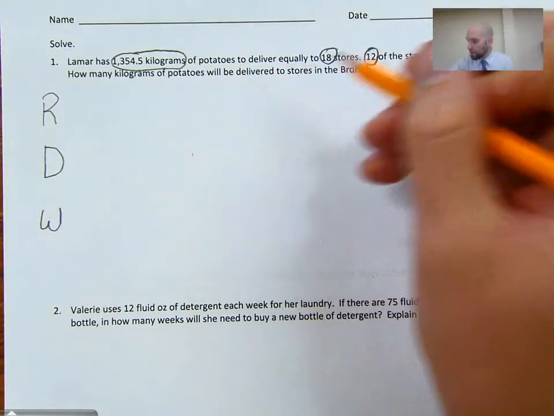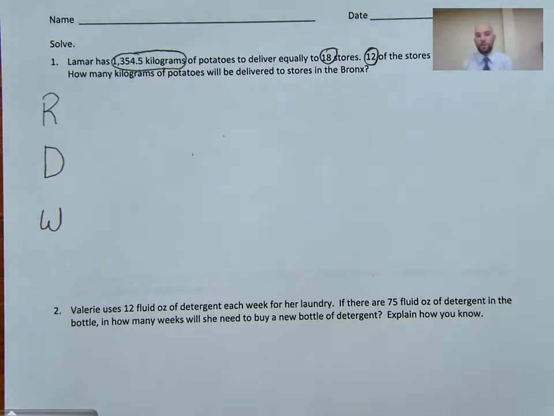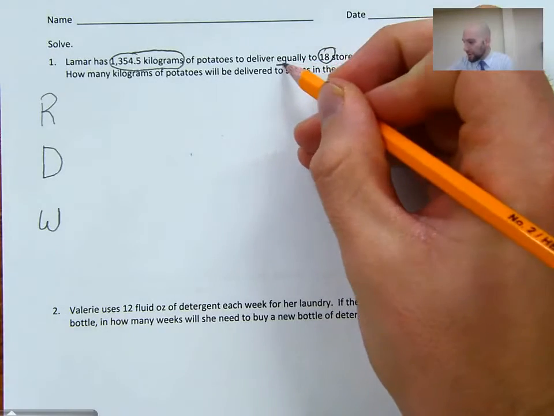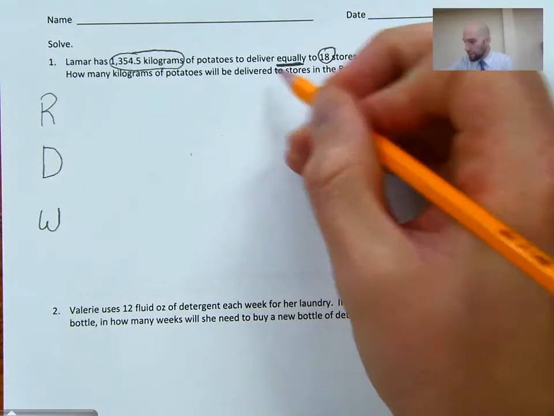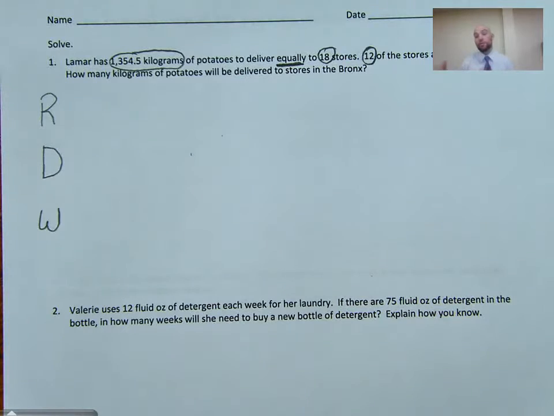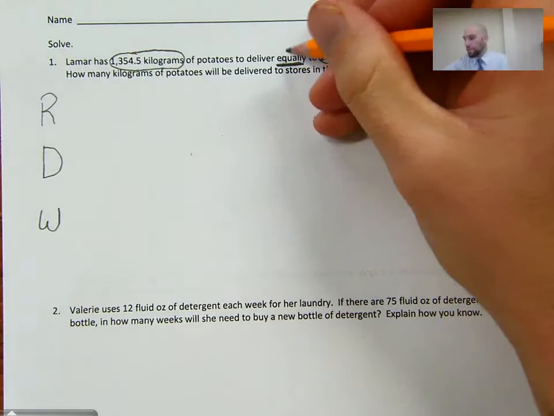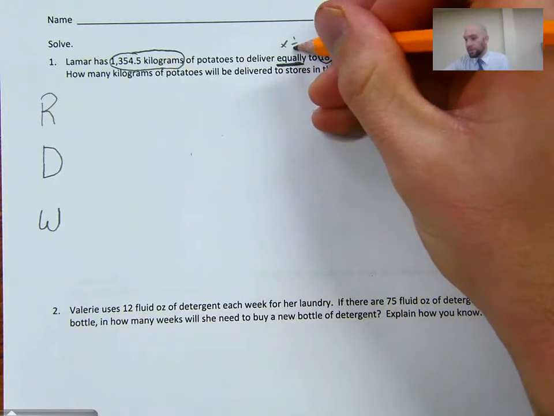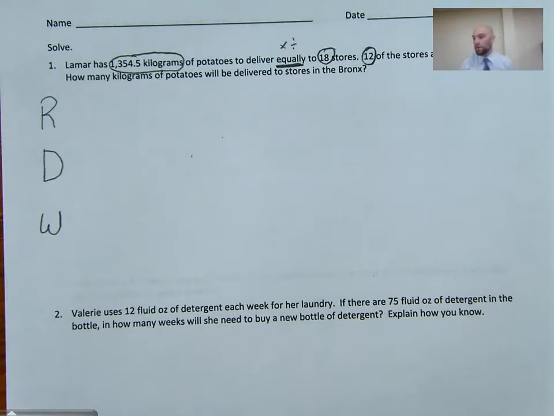I want to also look for my important terms in there. When I see the word equally, to deliver equally or distribute equally, I know that that's going to be either multiplication or division. Now, we know this lesson's on division, so we're going to assume that it's division.